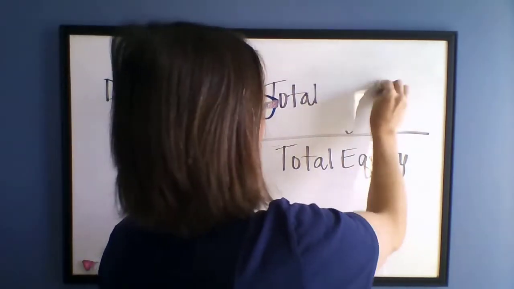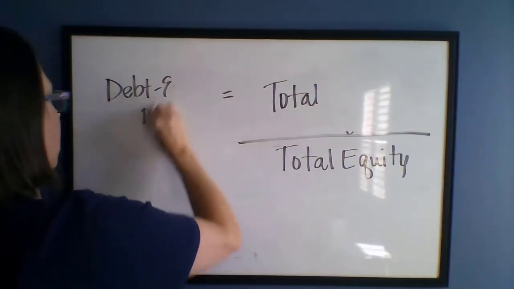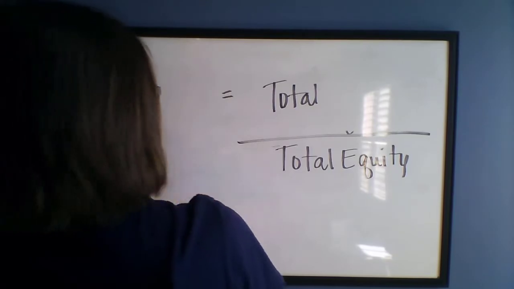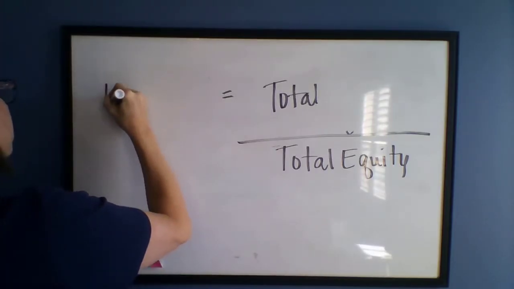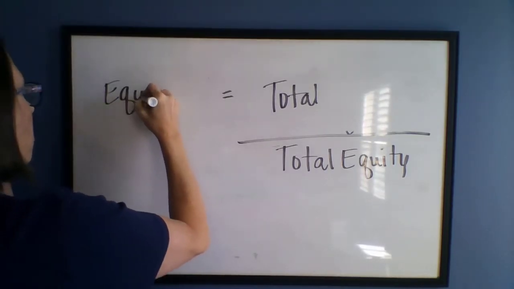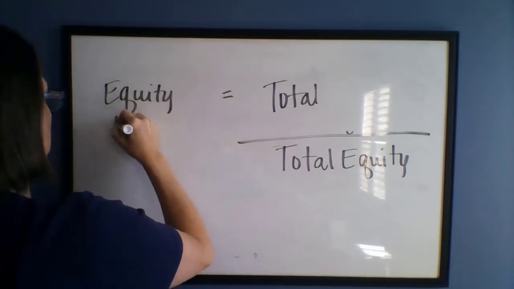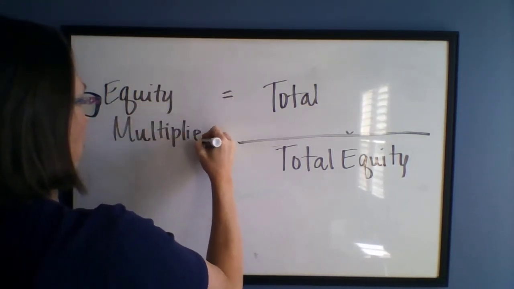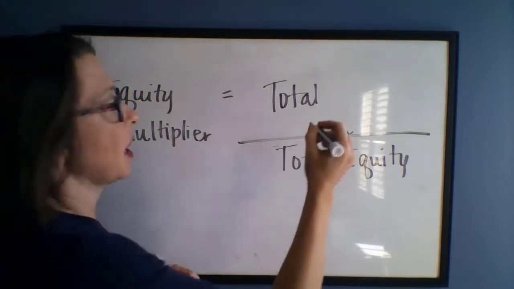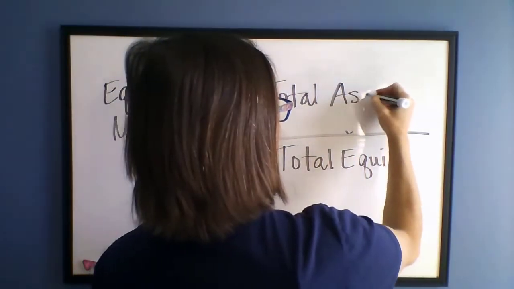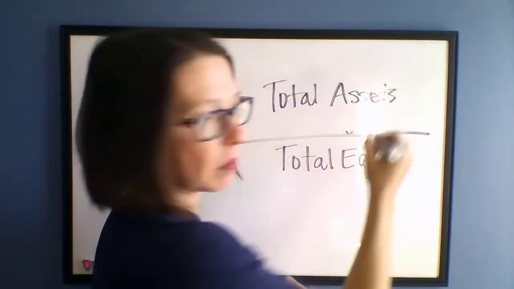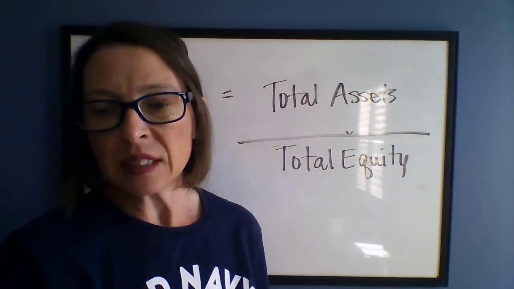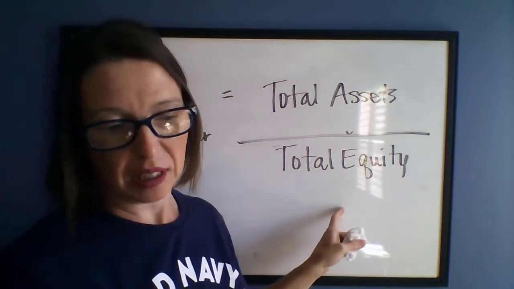Okay, I'm going to just erase this. We're going to start over here. So our equity multiplier is our total assets divided by total equity.